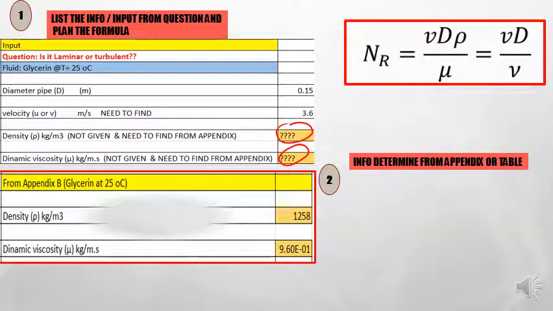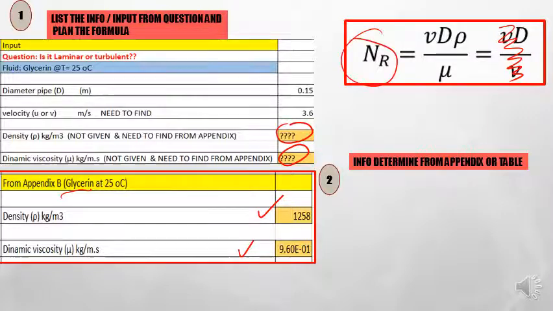Based on the appendix that I showed in the previous slide, we already have the density and also the dynamic viscosity of the glycerin at 25 degrees C. So we already have all the information needed to solve this equation. Just substitute the values into the equation in order to solve for the Reynolds number.